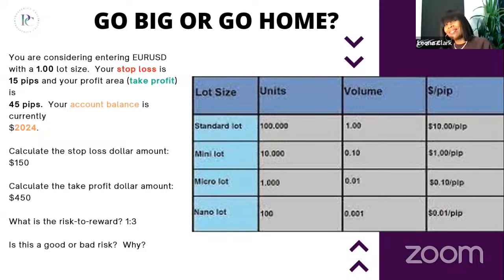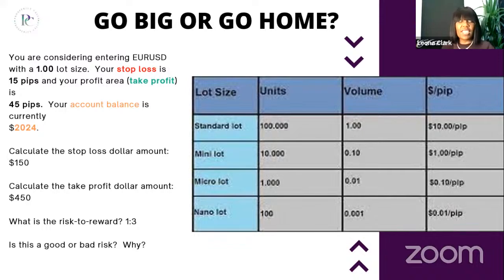Or are we? Okay, so I got the lot size chart up here again so that way you all can see it. Now the question is, you are considering entering EUR/USD with a standard lot size of 1.00. Your stop loss is 15 pips, and your take profit is 45 pips.